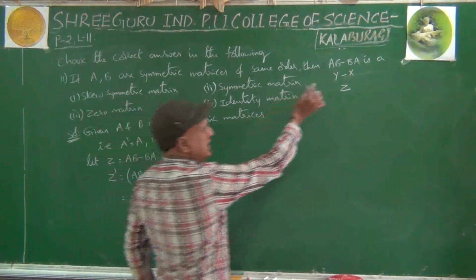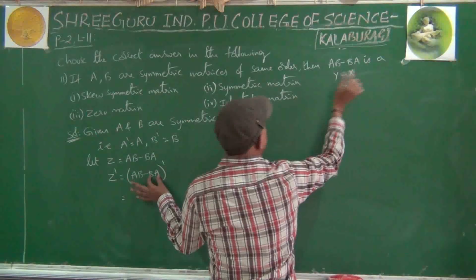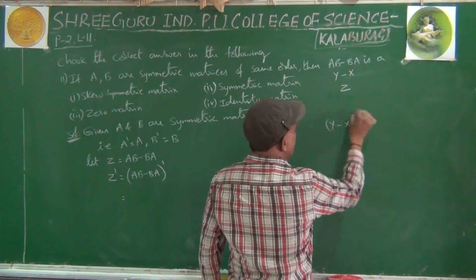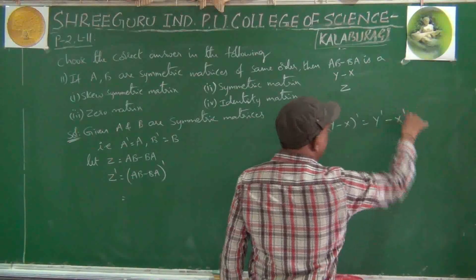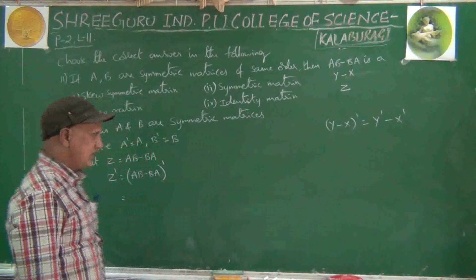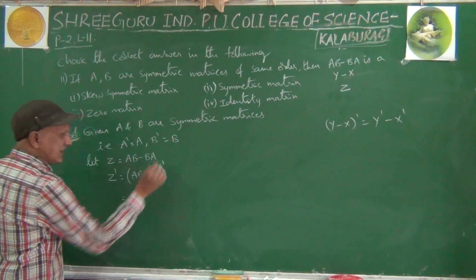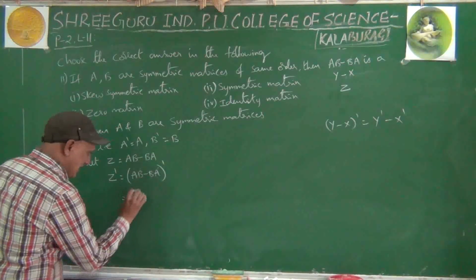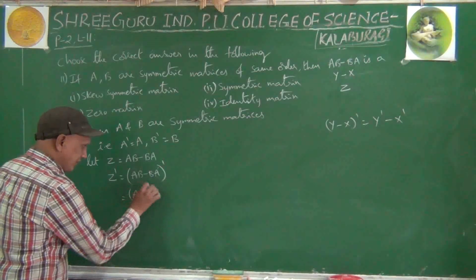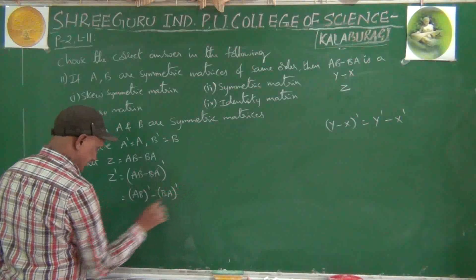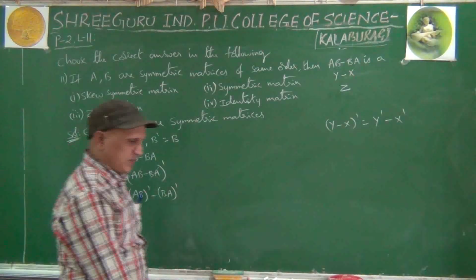AB is one matrix, BA is one matrix. Y minus X whole dash is Y dash minus X dash.